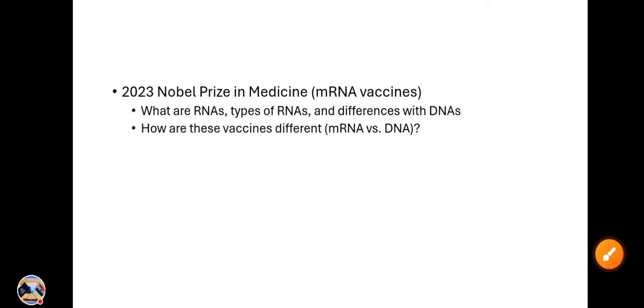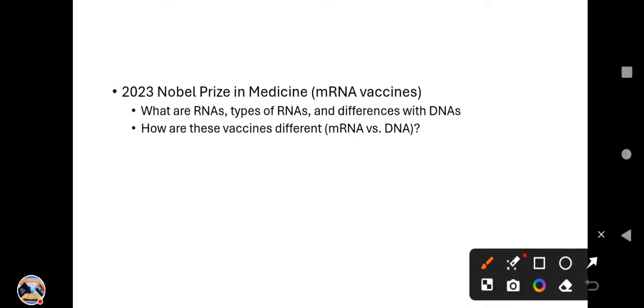I already told you that genetic information is transferred by DNA to messenger RNA, and this messenger RNA will transfer this genetic information to protein synthesis. I already told you that. Okay, and what are messenger RNA vaccines? You can see here, messenger RNA vaccines.